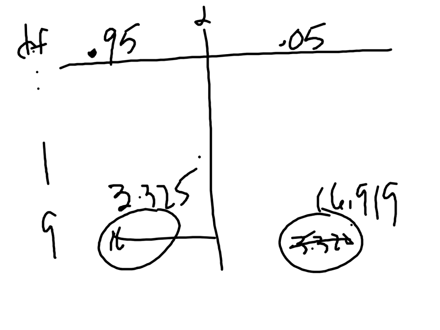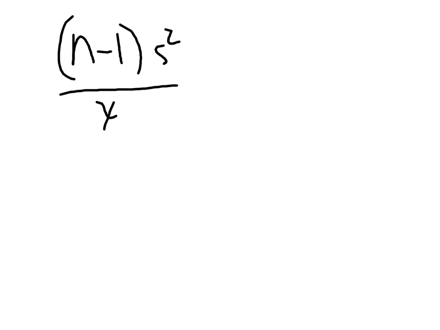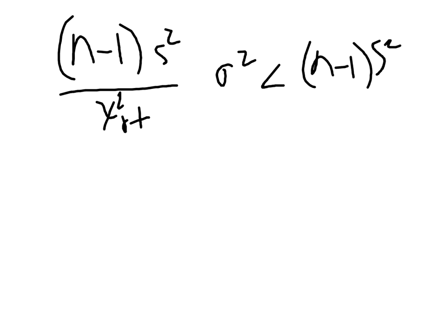Anyway, what we need to do is set the equation up. For our formula, which I'll write again here, we have n minus 1 times s squared over chi-squared right, and n minus 1 times s squared over chi-squared left.